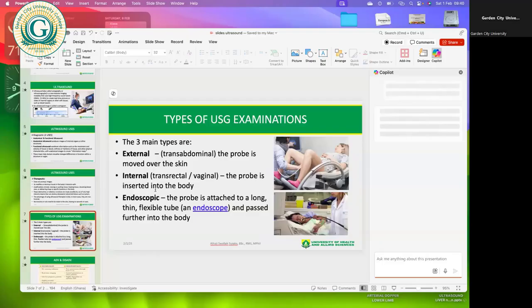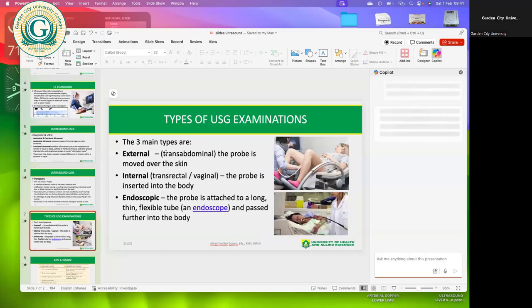Then we move on to the internal examination. The internal examination allows you to insert the probe into the body. So anytime you are inserting the probe into the body, you are doing an internal examination.